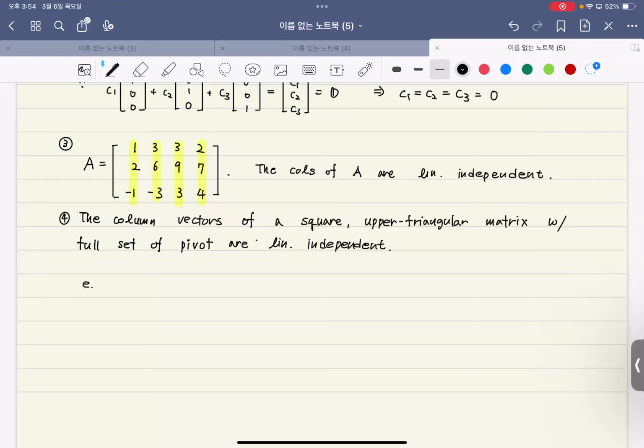Why is that? Take the matrix with columns (3, 0, 0), (4, 1, 0), and (2, 5, 2). So I have 3 columns.